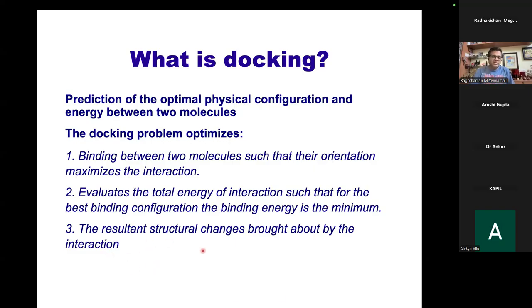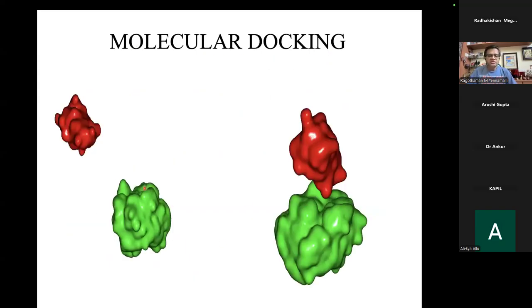And docking tries to identify what structural changes are brought about by the interaction. So, as I said, you have two entities, three-dimensional objects, and you are bringing them together to find out what is the interaction between them. In drug design terminology, we say a ligand and a receptor. In many places, you will hear the word ligand, small molecule, drug, phytocompound, or active component.